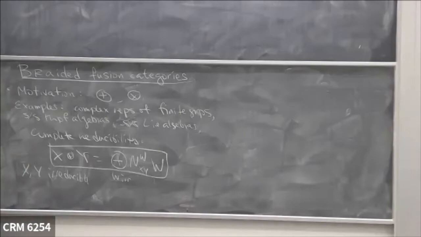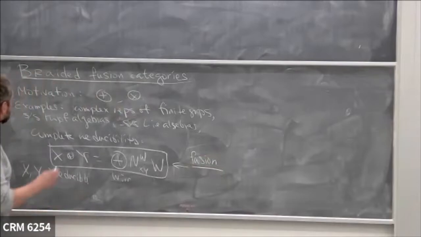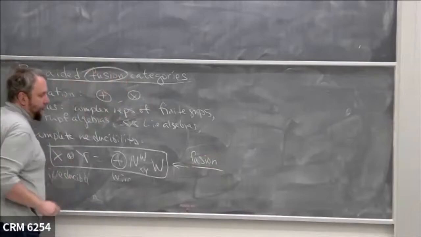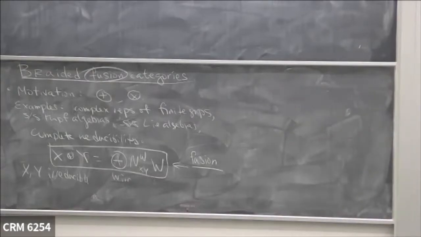Now, you can think about this as fusing together objects x and y and obtaining a bunch of objects as a result of this operation. This terminology was coined by physicists, and that stayed. So we will call this fusion, and that explains the name fusion category in the title.